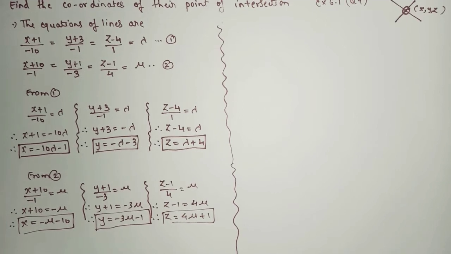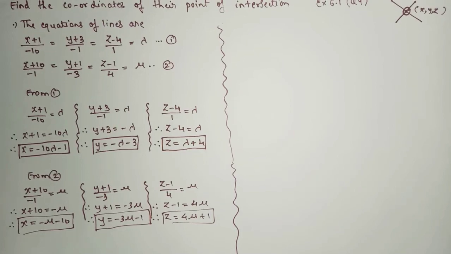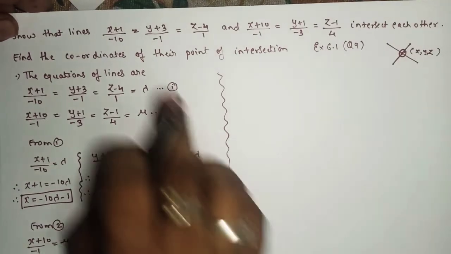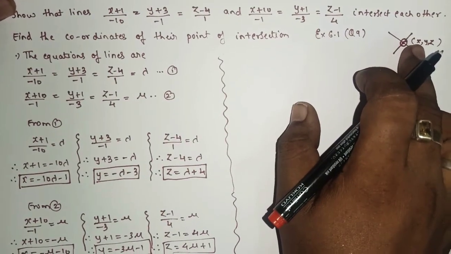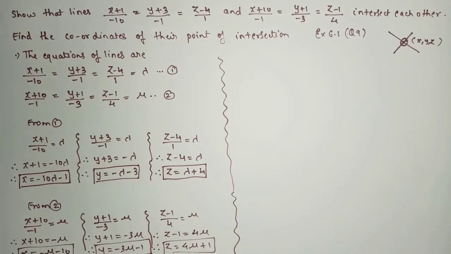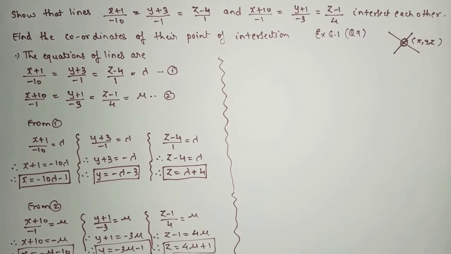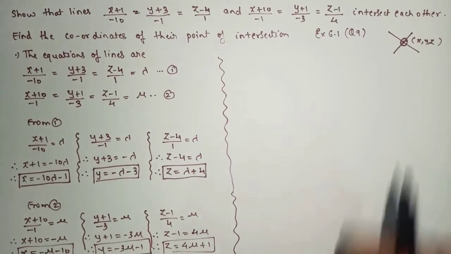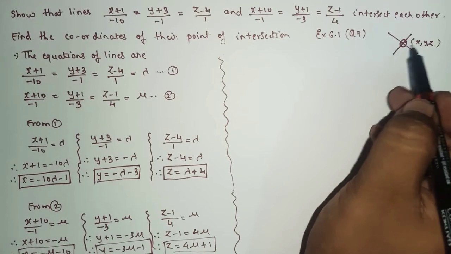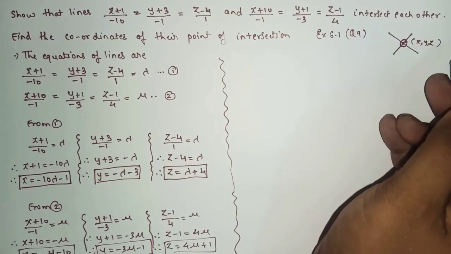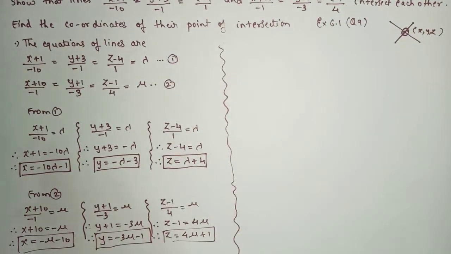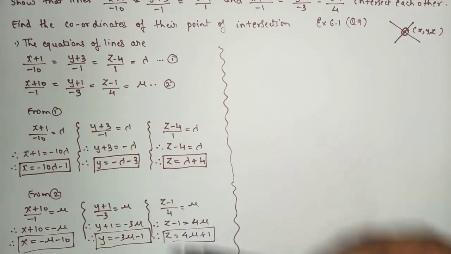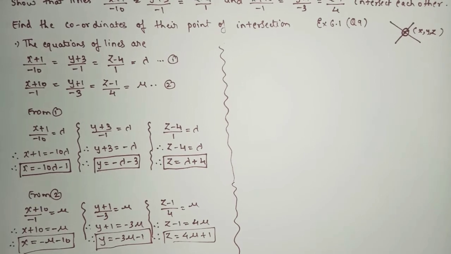Now we want to show that the lines are intersecting each other. In simple language, the lines will intersect each other when the x, y, z coordinates of both the lines are the same.